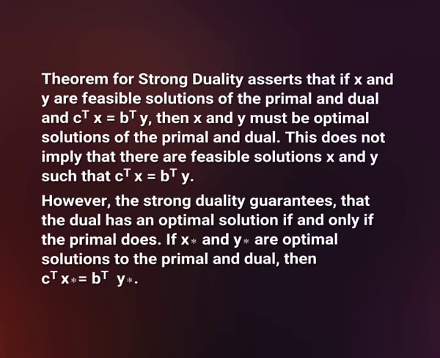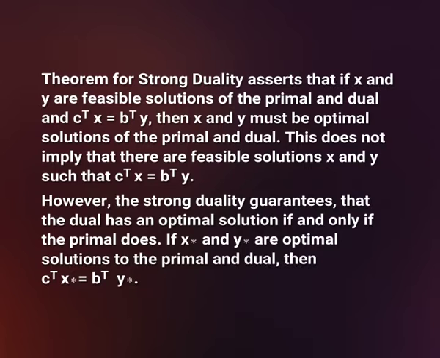The theorem for strong duality asserts that if x and y are feasible solutions of the primal and dual and c^T x = b^T y, then x and y must be optimal solutions of the primal and dual. This does not imply that there are feasible solutions x and y such that c^T x = b^T y.